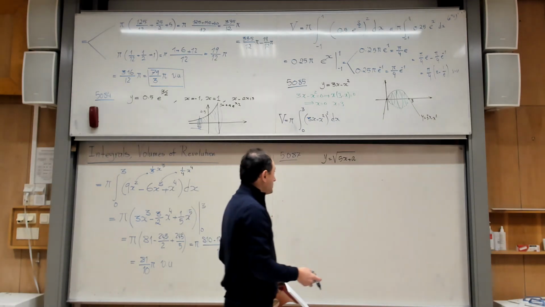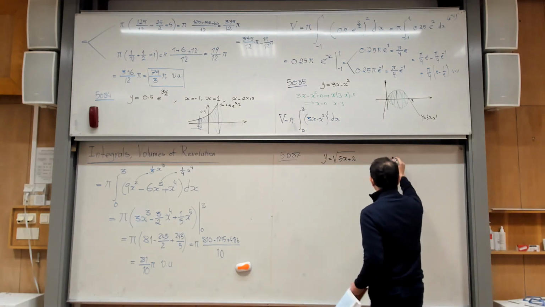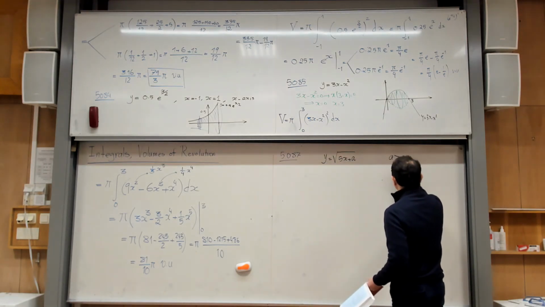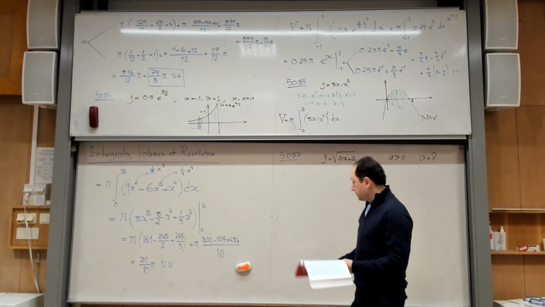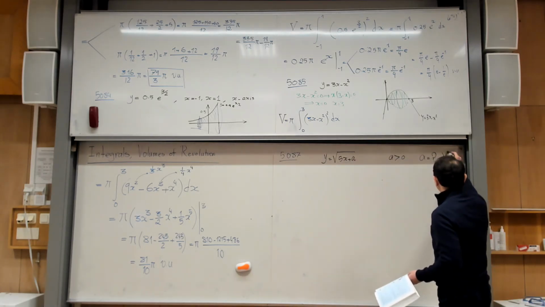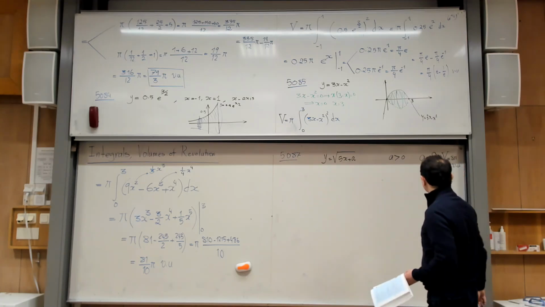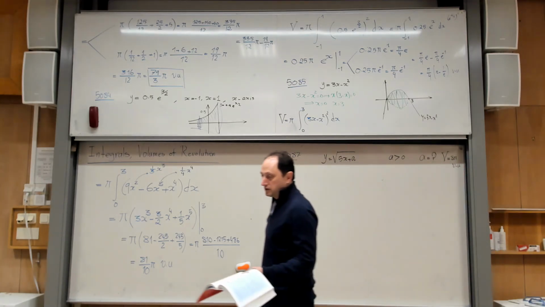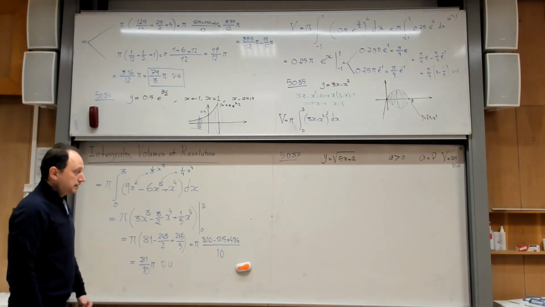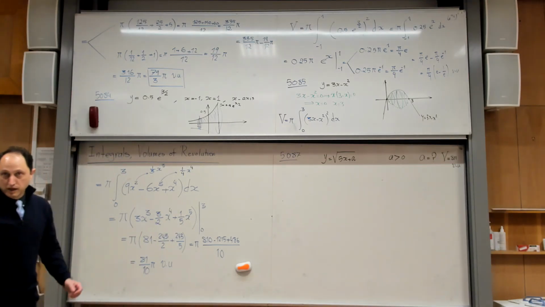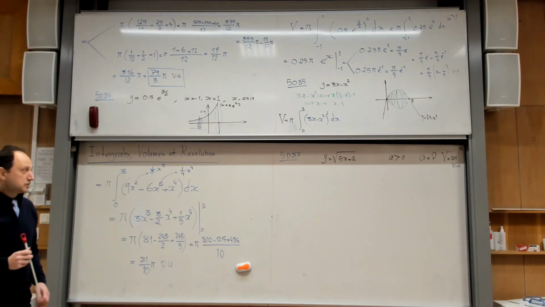Determine a positive value for a, and you want to find it such that the volume becomes 8 pi volume units. Yeah, so that's a little bit different problem. So far, they gave you the function and they ask you to find the volume after being rotated about the x-axis.